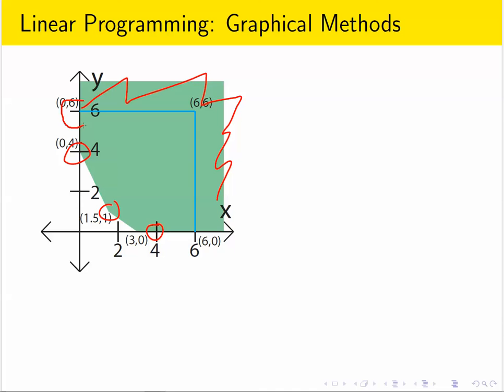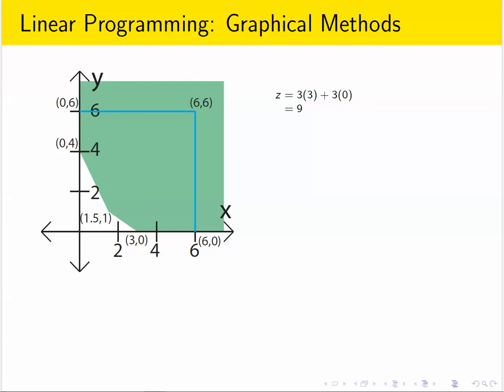Now we end up adding some new corners when we draw these extra edges. And that's fine. All we're going to do is see if the new corners produce results that are bigger or smaller than the original corners from our unbounded region.